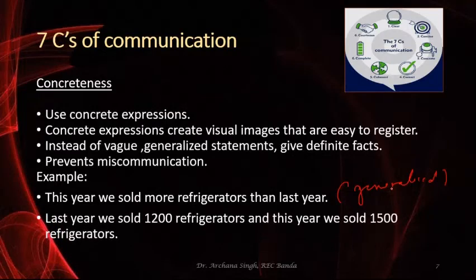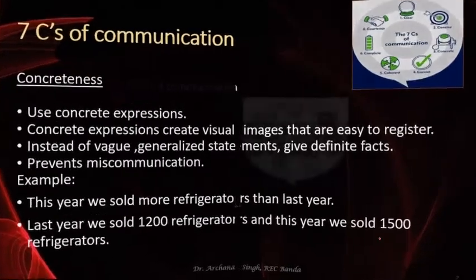So you can say last year we sold 1200 refrigerators and this year we sold 1500 refrigerators. By giving these figures, it's pretty sure there is a rise in the selling of your refrigerators, and you also know how much rise there is. So this is how you have to bring concreteness in your writing.